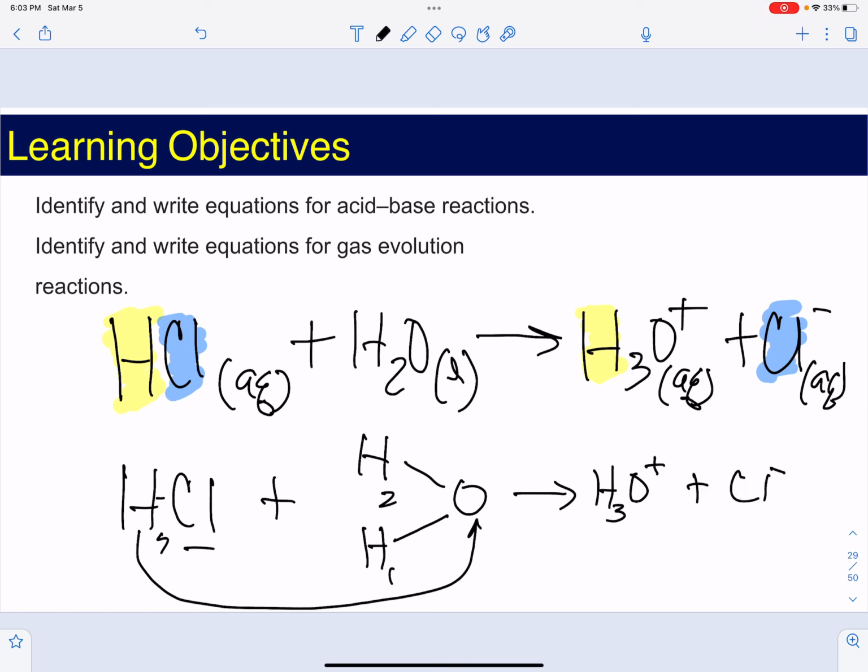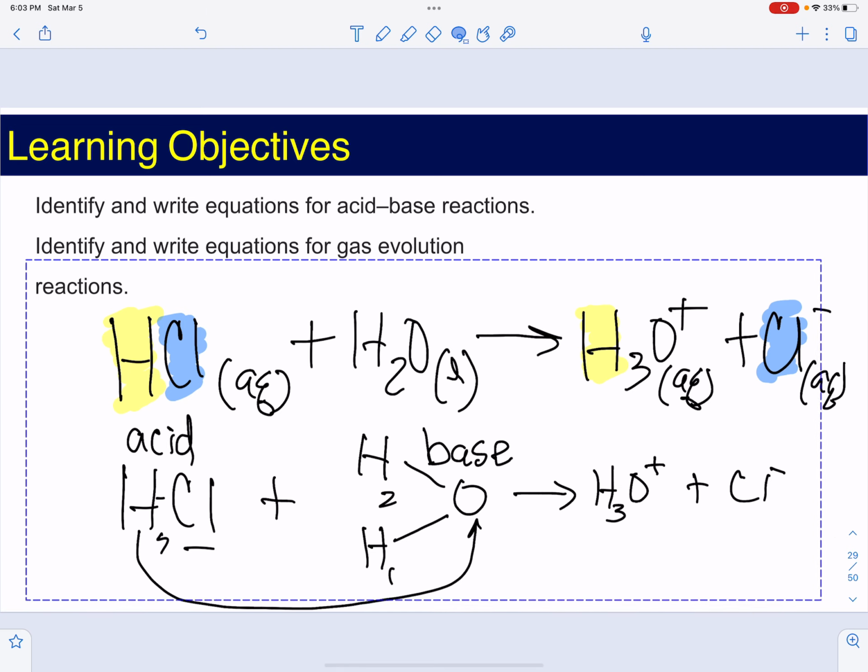So the water accepted the hydrogen. The substance that takes the hydrogen is what we know as a base. The substance that gives off the hydrogen is what we call an acid. So the reaction that we're going to study in this section is the reaction between acids and bases.